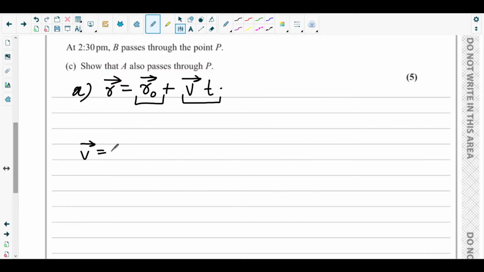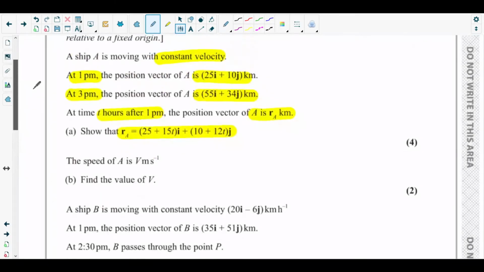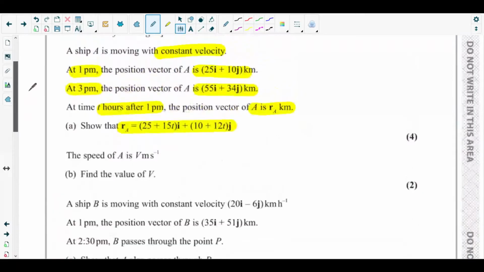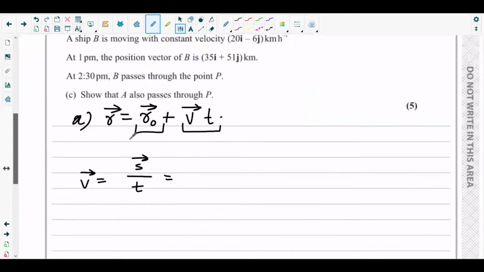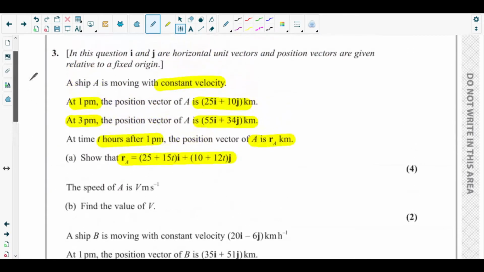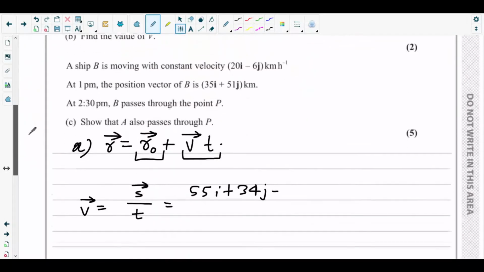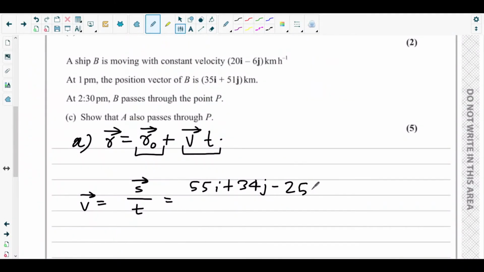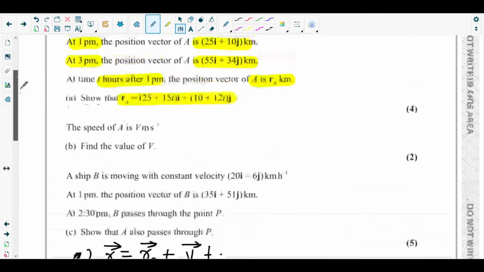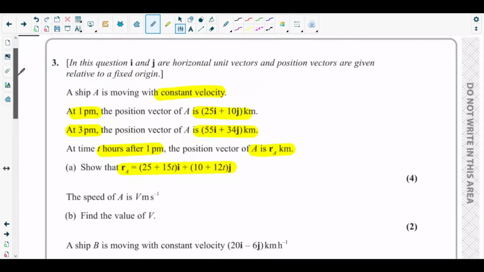Velocity is displacement over time. Displacement is the final position minus the initial position. The final position was 55i plus 34j, minus the initial position 25i plus 10j, which gives 30i plus 24j, over the time, which is 3 minus 1, which is 2 hours.